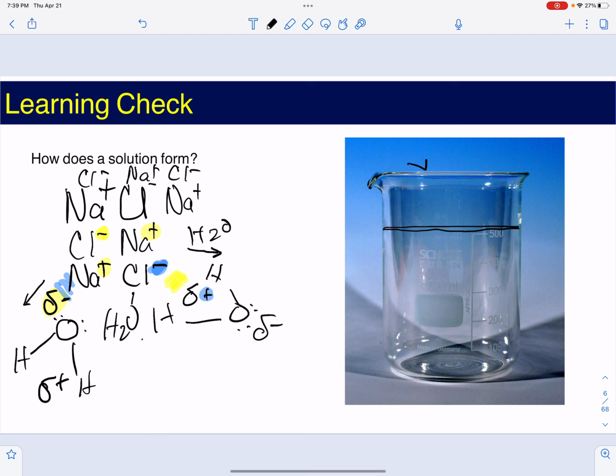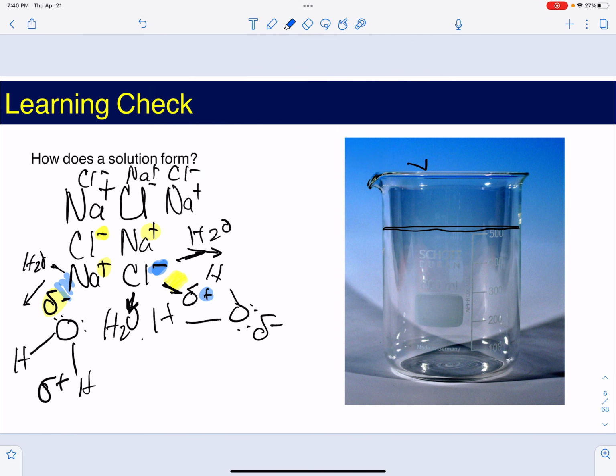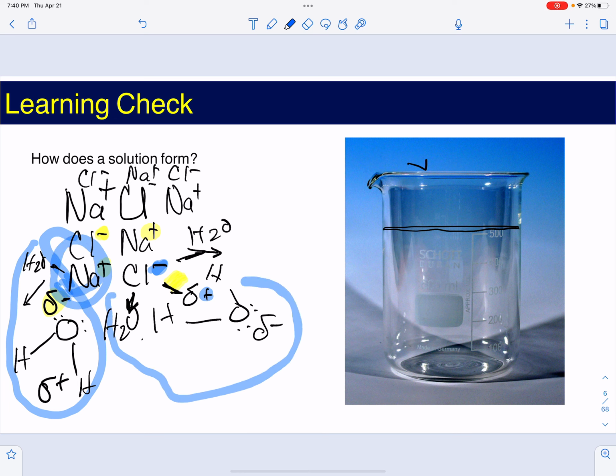Between all of them, these forces pulling that way and these forces pulling that way, all these forces combine. So all these forces are going to be acting there, combined, grabbing that sodium, and all this water, as many as we can put there, pulling on that.